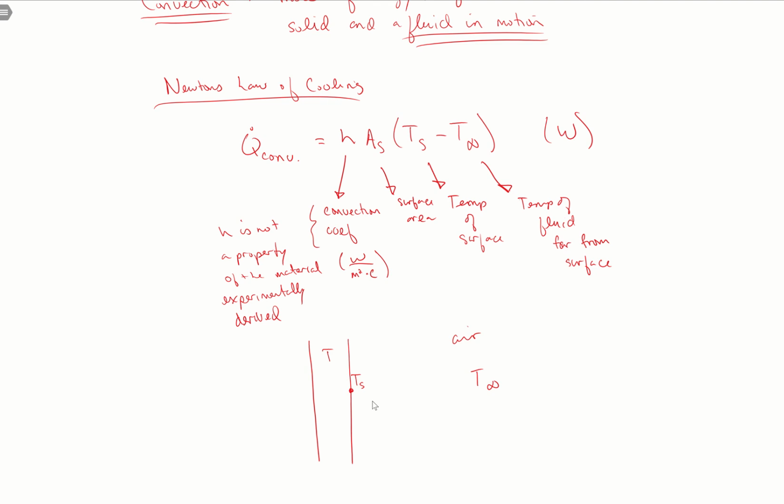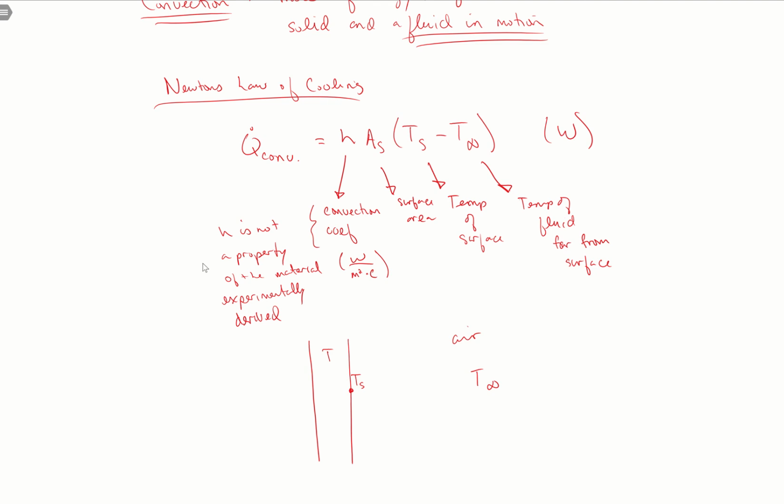Okay, so that's convection. Also want to note here that the convection coefficient h is not a property of the material. Instead, it's typically experimentally derived, usually based on how fast the fluid is moving, the shape of the surface, and things like that. So it's not a property of the material, but instead is experimentally derived.